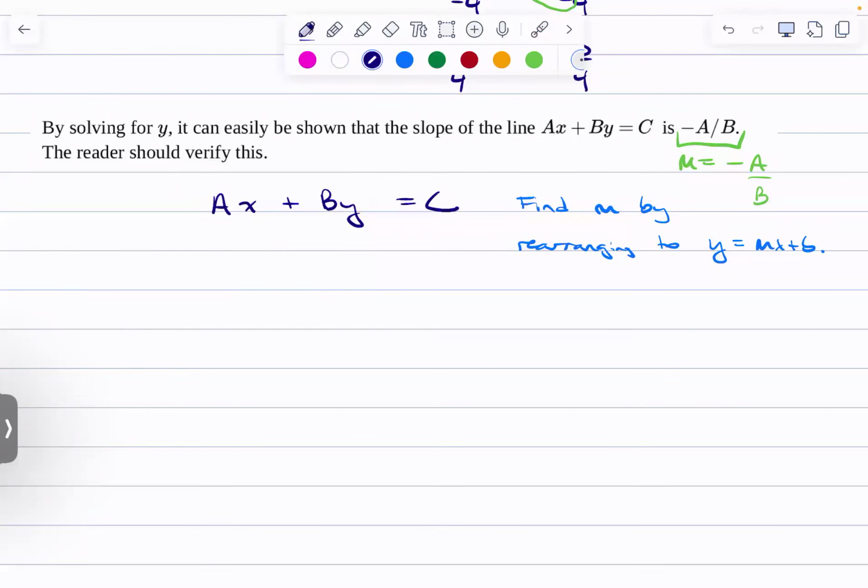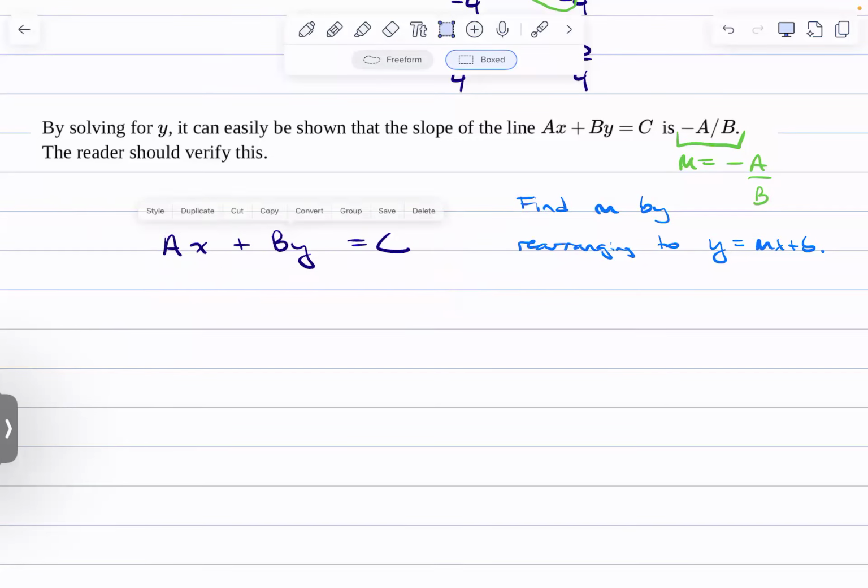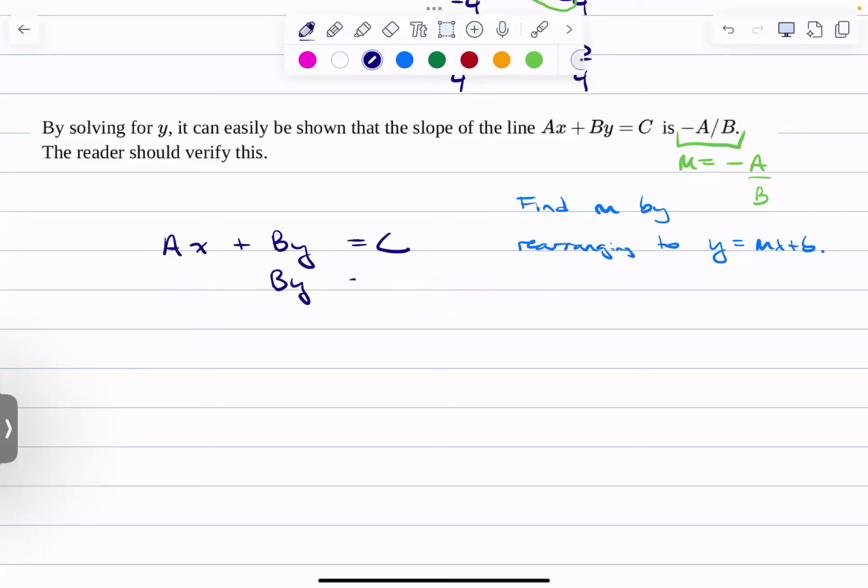And so I have by is equal to c minus a times x, right? Just in general. Right, by moving that ax over to the right-hand side.